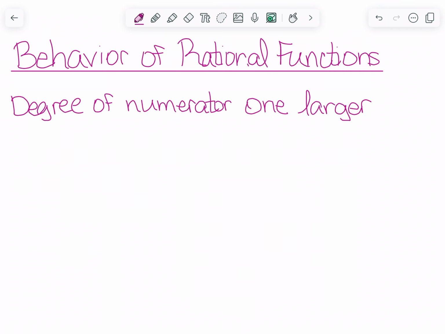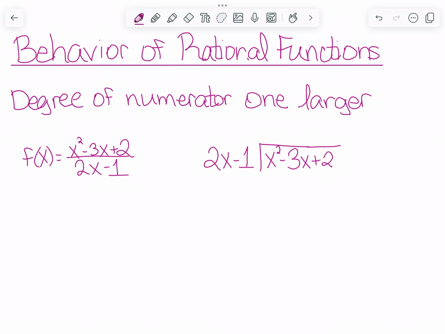For the final case, let's consider when the degree of the numerator is exactly 1 larger. Something like f of x equal to x squared minus 3x plus 2 over 2x minus 1. In this case, we actually want to divide the polynomials. We need to know x squared over 2x.